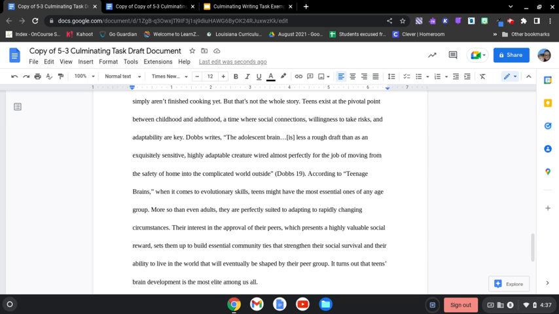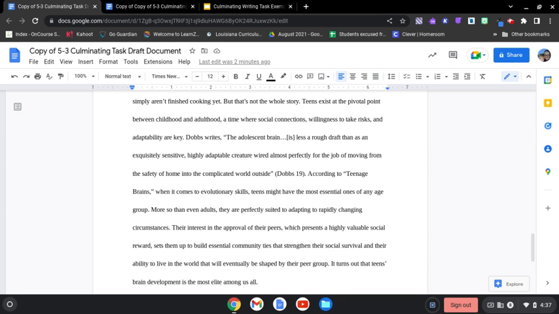According to Teenage Brains, when it comes to evolutionary skills, teens might have the most essential ones of any age group. More so than even adults, they are perfectly suited to adapting to rapidly changing circumstances. Their interest in the approval of their peers, which presents a highly valuable social reward, sets them up to build essential community ties that strengthen their social survival and their ability to live in the world that will eventually be shaped by their peer group.